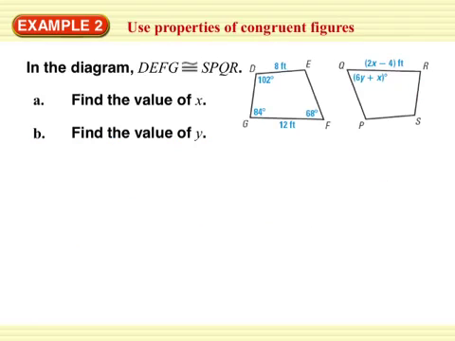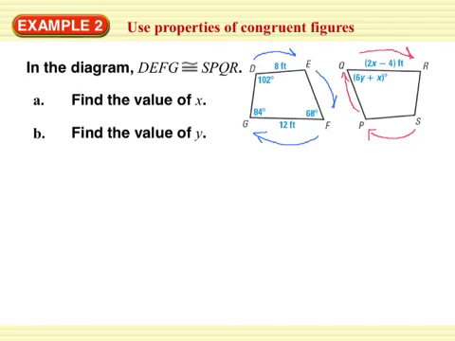Example 2. In the diagram, DEFG, we go from D to E, E to F, F to G, is congruent to S to P, P to Q, and Q to R. They're in the right order. Find the value of x. You need to compare the parts that are equal. Let's do QR.